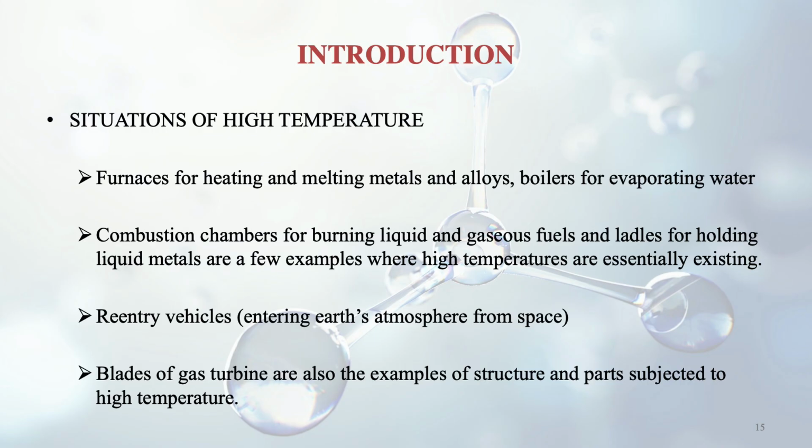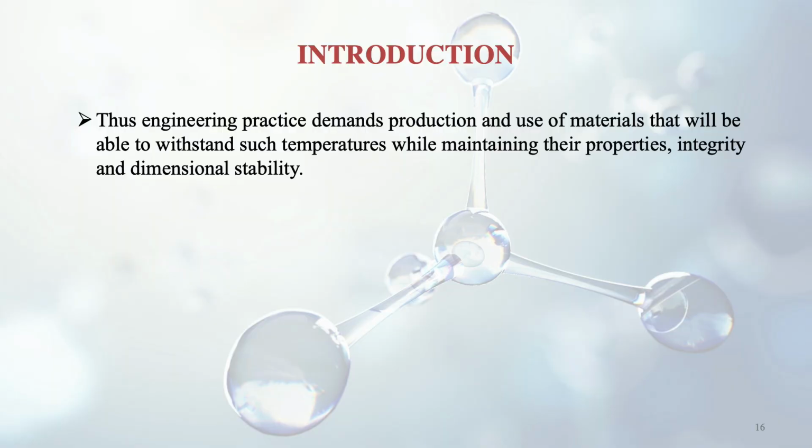Further, the blades of gas turbines are also a very good example of structures which are subjected to high temperature, whether it be a steam turbine or a gas turbine. So engineering practice demands the production and use of materials that shall be able to withstand such temperatures while maintaining their properties, integrity and dimensional stability.